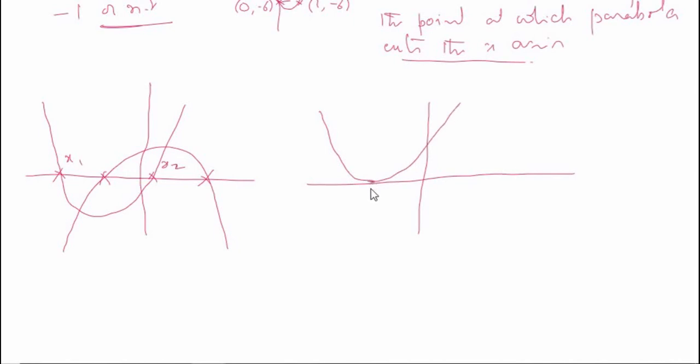It just touches the x-axis and then goes back, or it can be in the reverse way also. In both the cases, the graph just touches the x-axis, so it has got just one solution, say x1, or here also only one solution each.